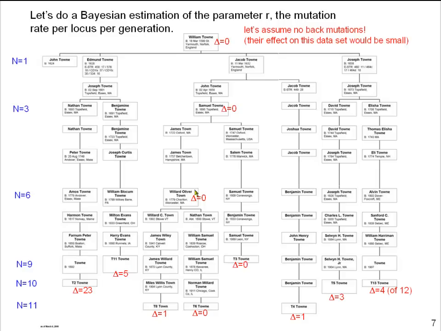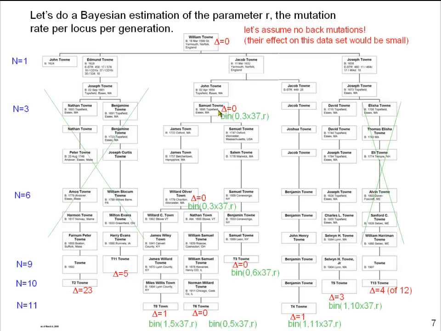This is where we get to use binomial trials. Let's go from William Towne up here through Jacob down to Samuel Towne here. What's the probability that we still had 0 by the time we got here? It's a binomial probability. It's the probability of getting 0 changes in how many trials?